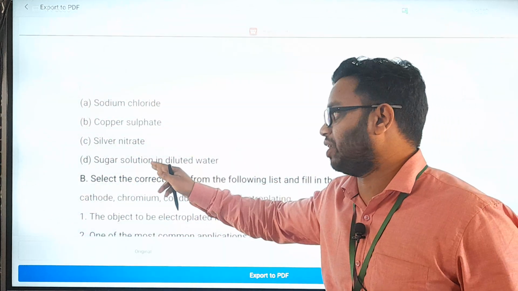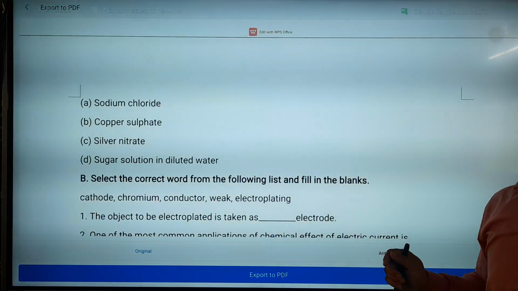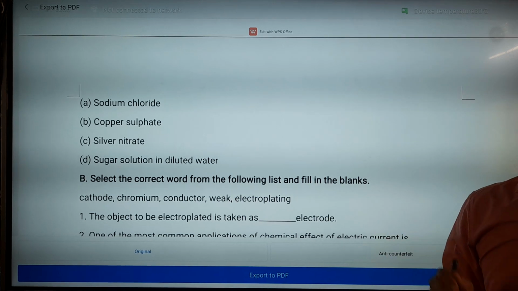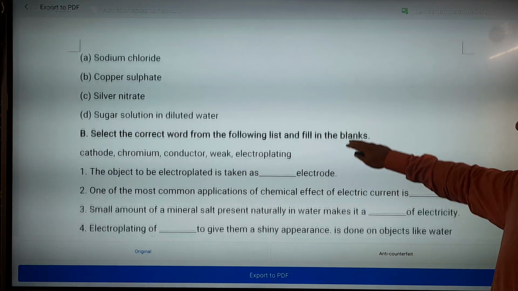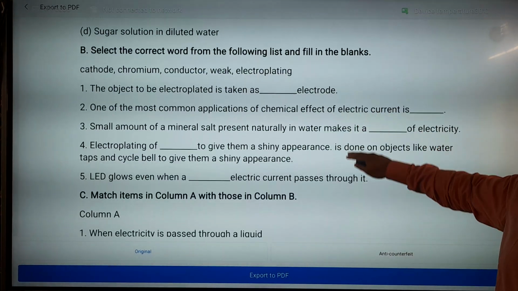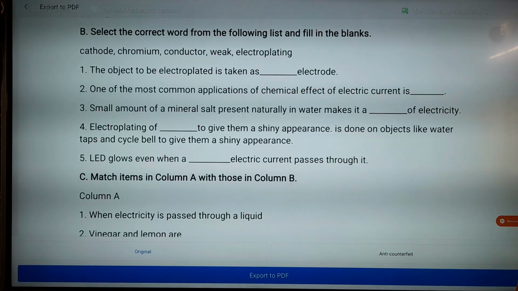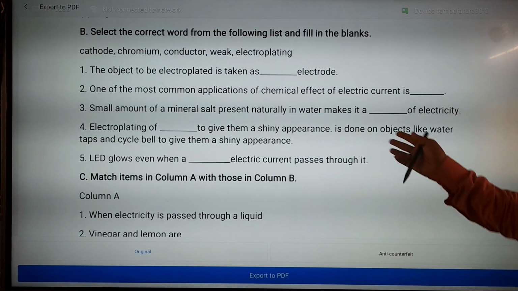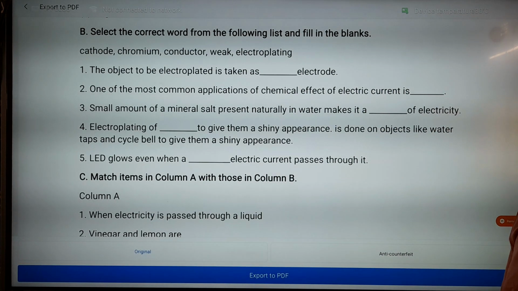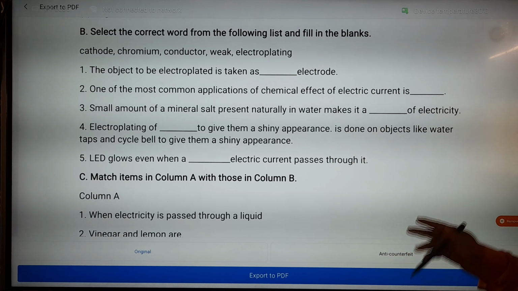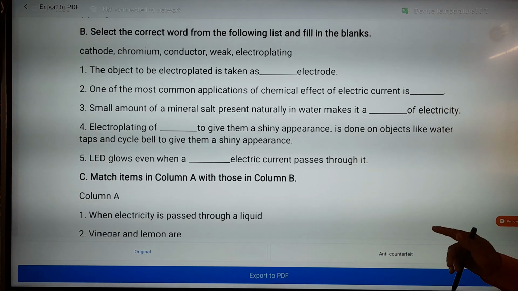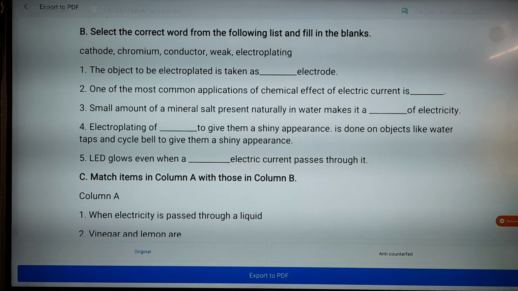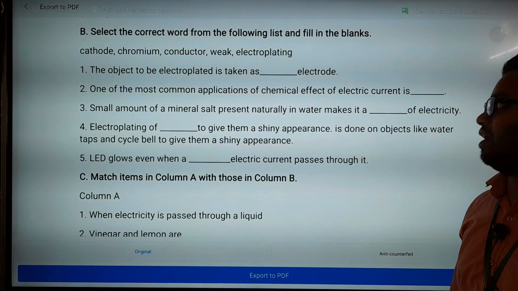That's why option D is correct here. The next is, select the correct word from the following list. The object to be electroplated is taken as the electrode. Cathode. Very good. Cathode is the right answer here.